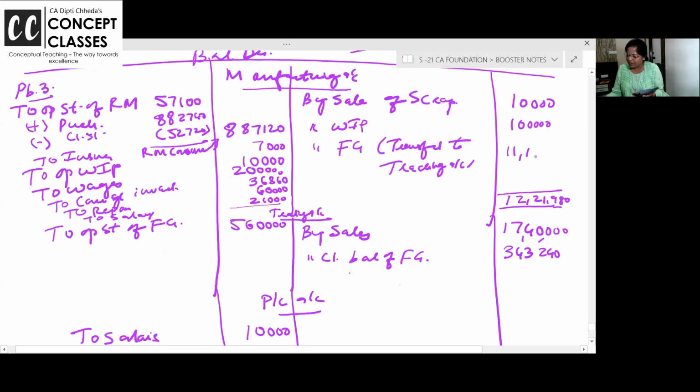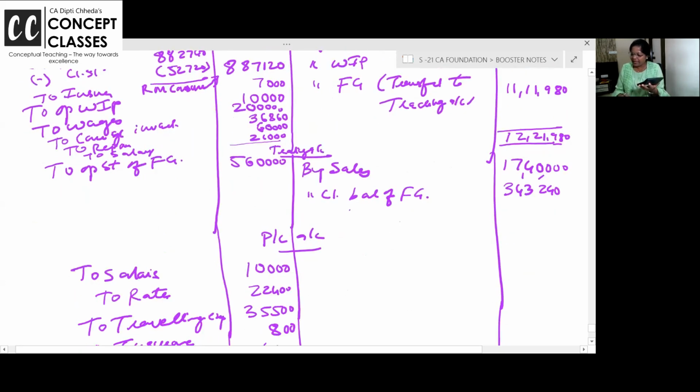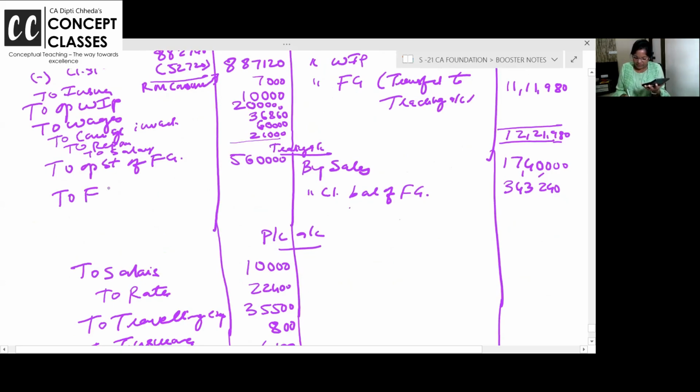So finished goods which are ready are 11,11,980, the finished goods from manufacturing account. Plus already finished goods are ready 560. Minus now they are sold, obviously for more amount. 1740, 343, 240. ये तो total है. 2083, 240.